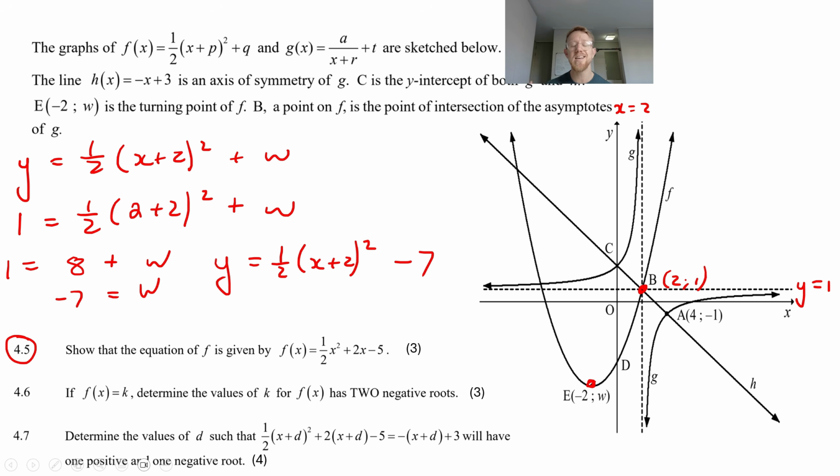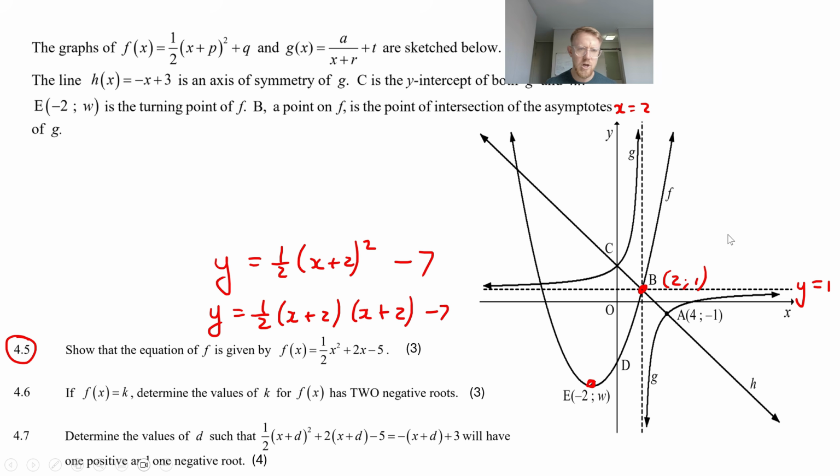The next thing learners get confused about is they think, okay, fine, I'll put the 2 inside, so does it just become x squared plus 4? No, you need to make 2 brackets. So you're going to end up getting y equals a half, x plus 2, and then another x plus 2, like that. Now I'm going to leave the half alone, and then I'm going to multiply those 2 brackets together.